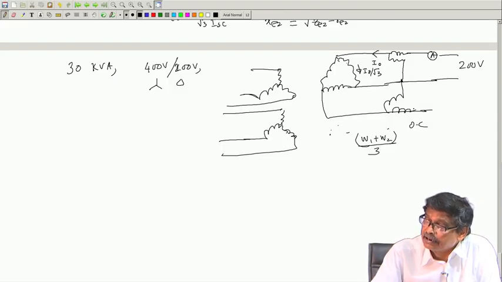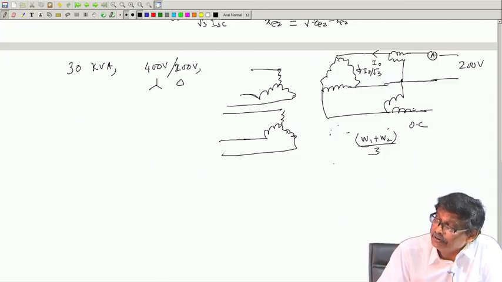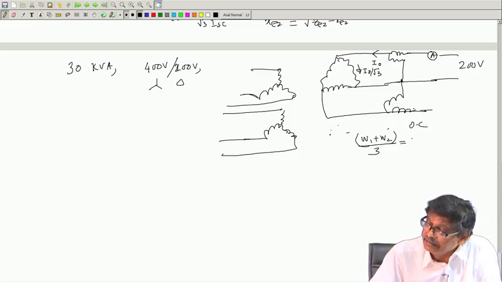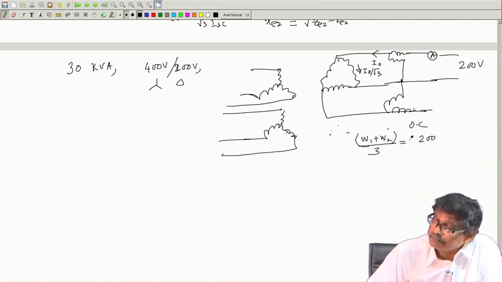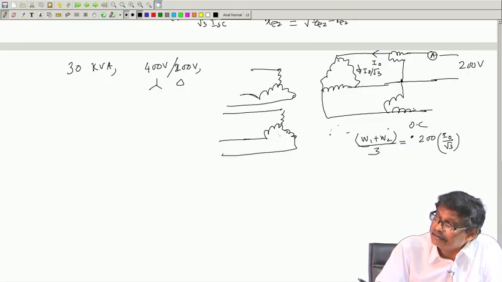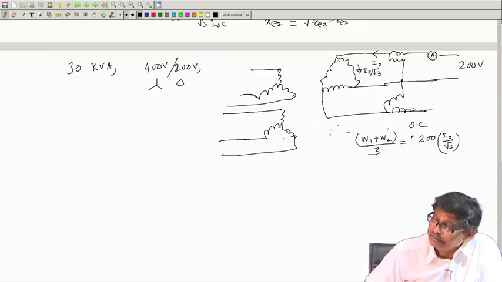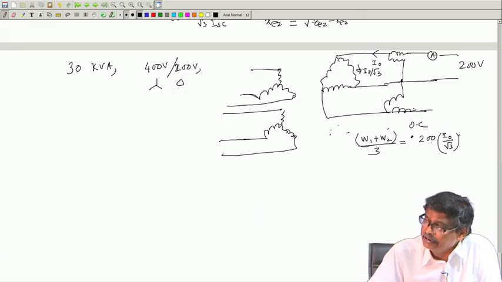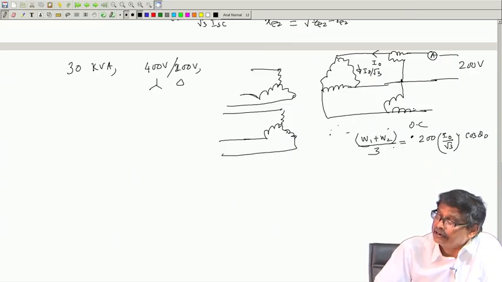So, V naught into I naught by root 3, and whatever the number is, I translate it to V I naught cosine theta naught, and calculate cosine theta naught.